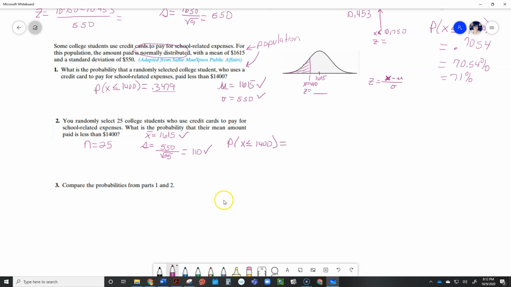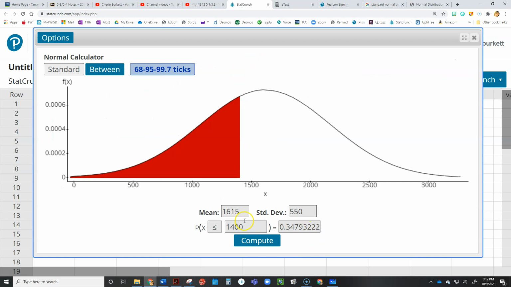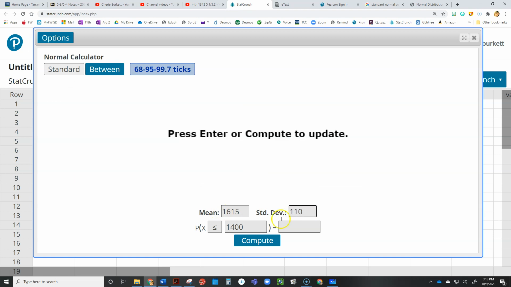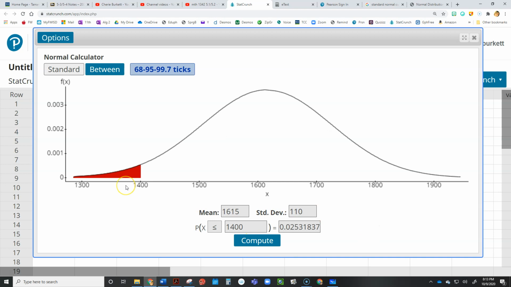So we're going to come over here now and go to StatCrunch, and this is the same, and this is going to change now to 110. And now we're going to compute it, and it's a much, much lower probability.